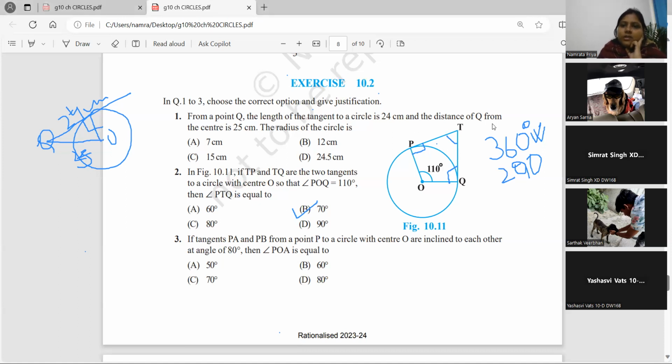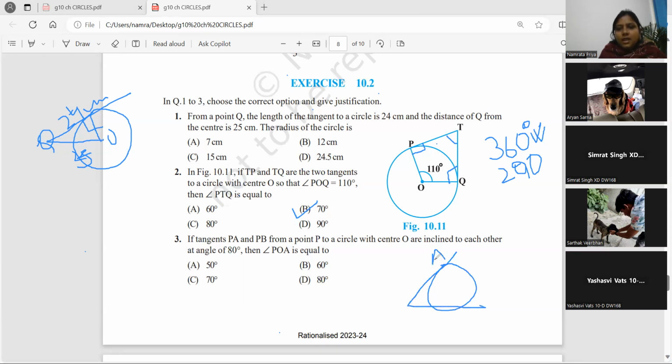Question number 3, one or two children gave the wrong answer. Let's solve it. Question number 3. If tangents PA and PB from a point P to a circle O are inclined to each other at 80 degree, so the tangents' names are PA and PB.